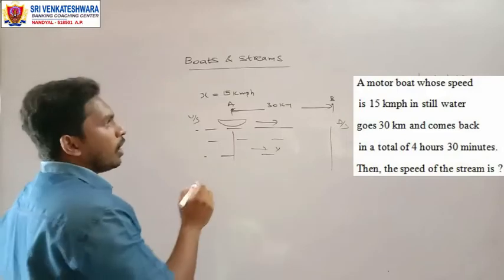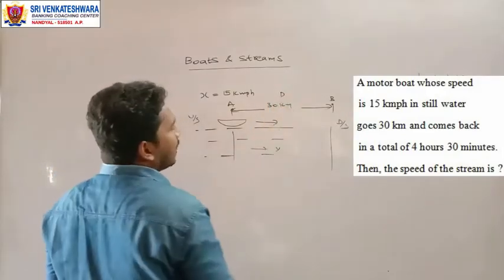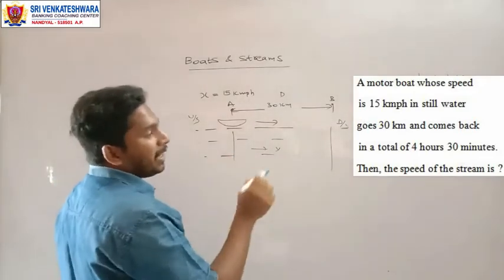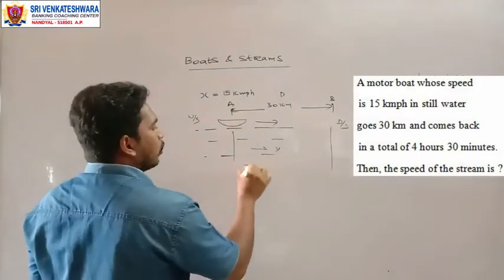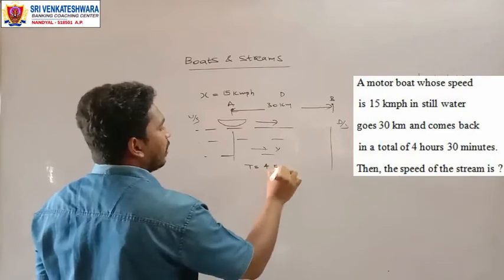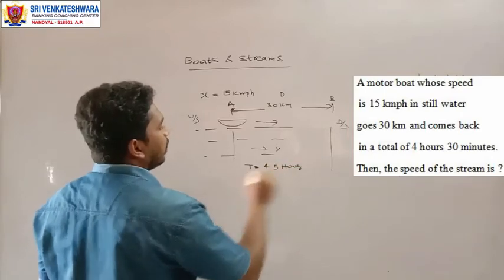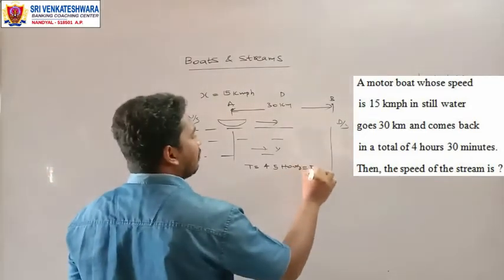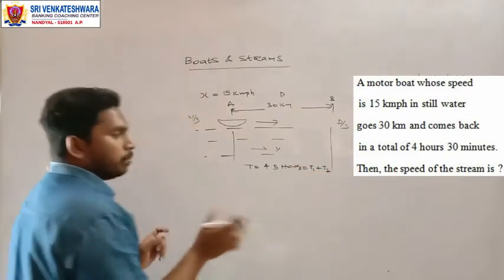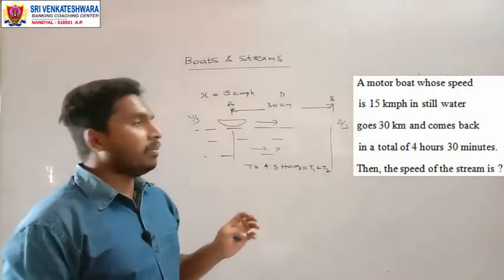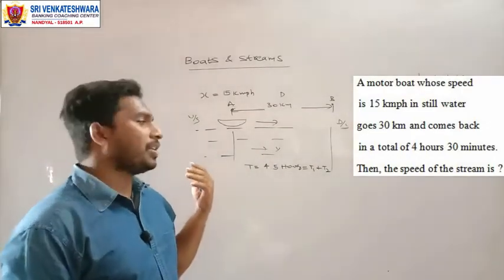So what all we know: the distance that is traveled, and the total time has been given, that is the total time t is 4 hours 30 minutes, which can be written as 4.5 hours. Total time is nothing but t1 plus t2, because we have two cases, right? One towards downstream, one towards upstream.